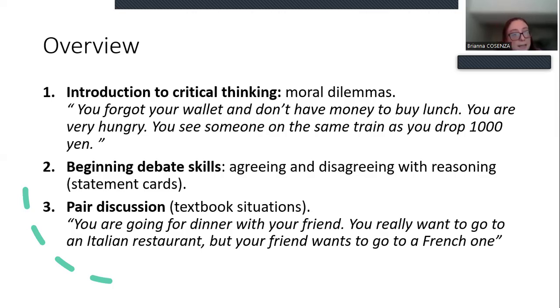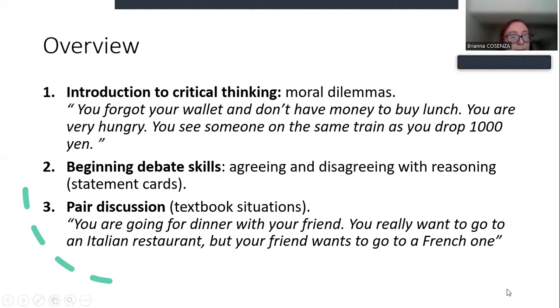Do you take the money because you'll go hungry, or do you give it back to the person? Maybe the 1,000 yen is all they have that day and they need it. So they have to consider carefully from different sides.